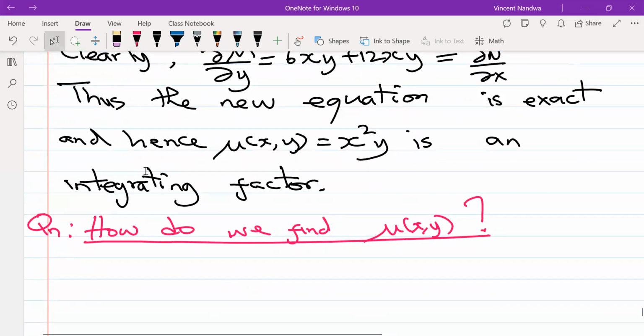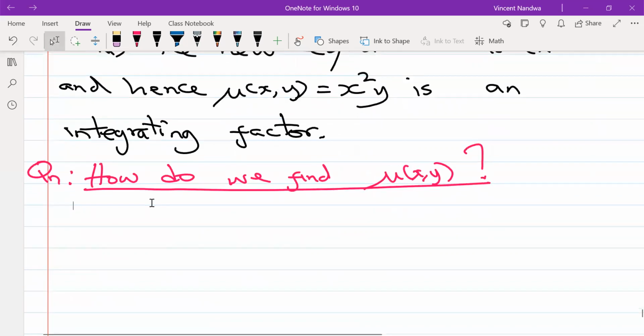How do we find this special integrating factor? There are different ways of defining this mu of x,y.